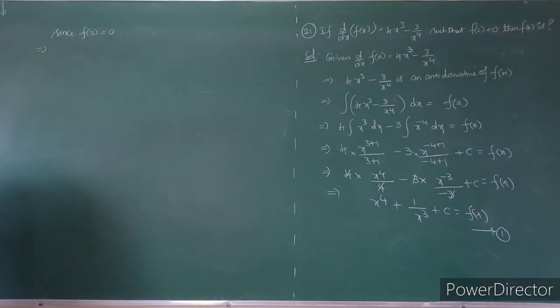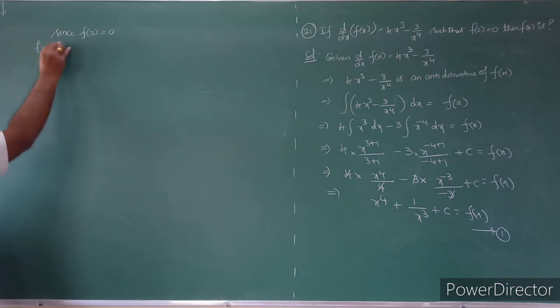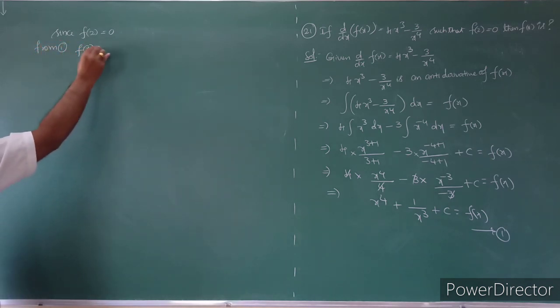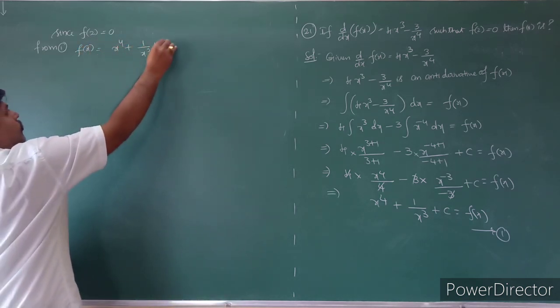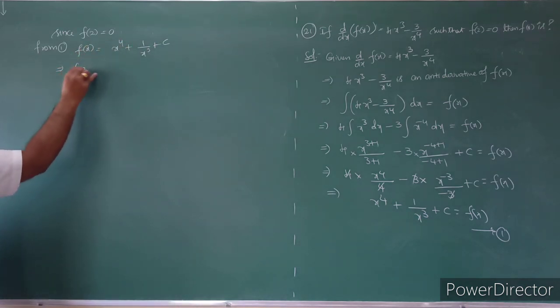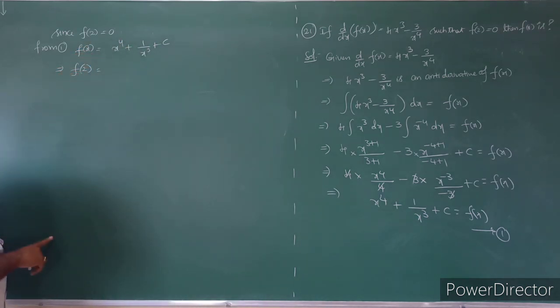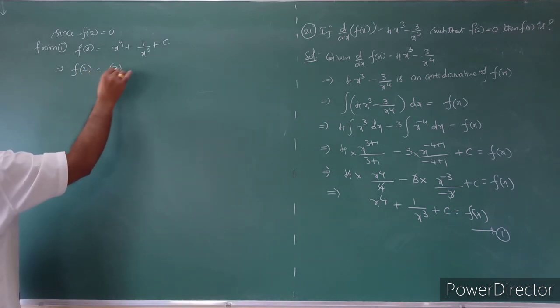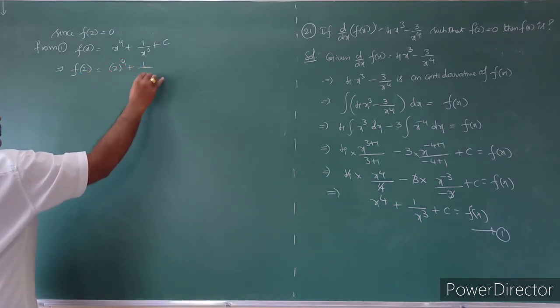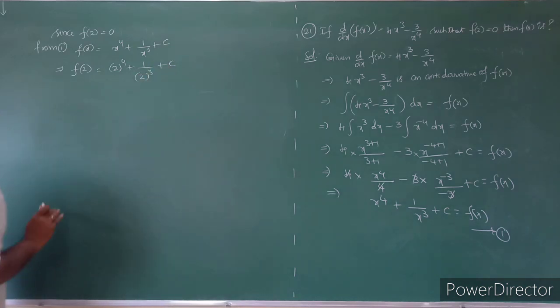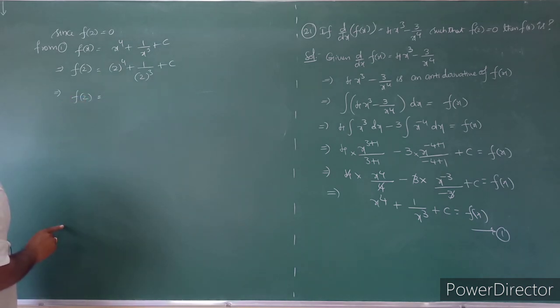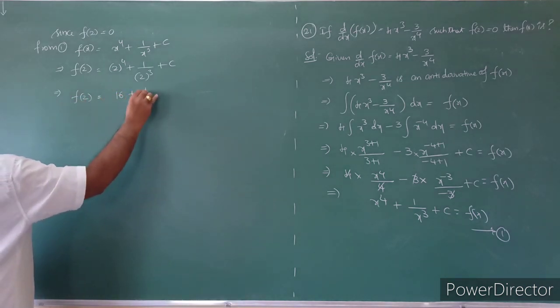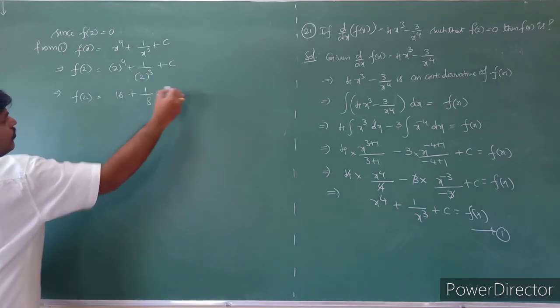That implies from 1, f of x is equal to x power 4 plus 1 by x cube plus c. That implies f of 2 is equal to, in the place of x replace 2, so that is 2 power 4 plus 1 by 2 cube plus c. So f of 2 is equal to 2 power 4, that is 16, plus 1 by 2 cube, that is 8, plus c.